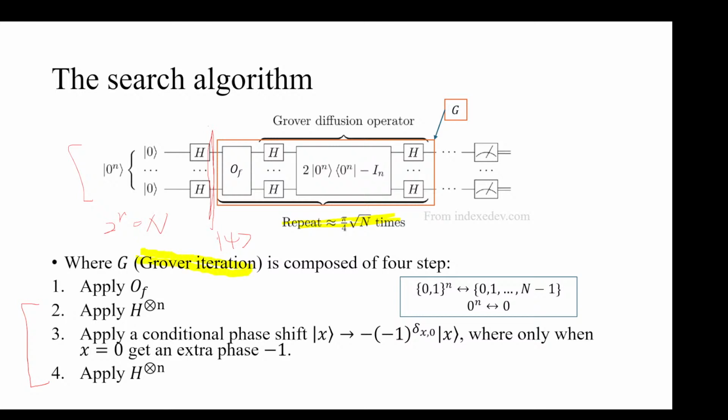We repeat this Grover iteration, which is composed of 2 reflections.